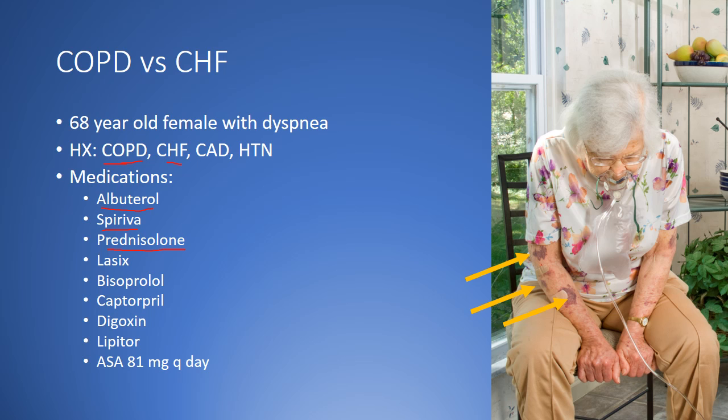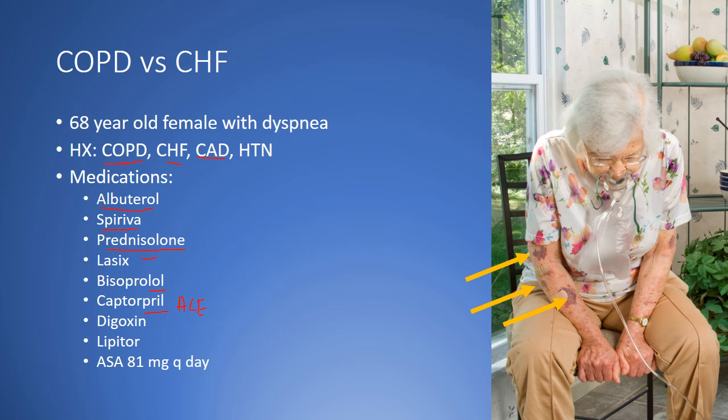And then we get into CHF, Lasix. She takes a -olol drug, so that's a beta blocker drug, so either for the hypertension or CHF, or even the coronary artery disease. She takes a -pril, and hope you're familiar with the -pril. That's an ACE inhibitor. So also for hypertension, fluid management, things like that.